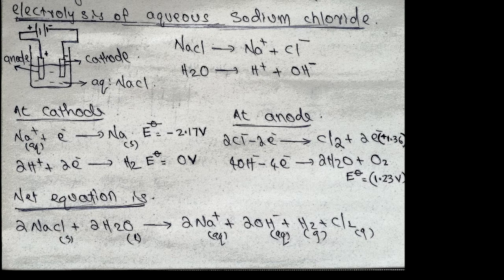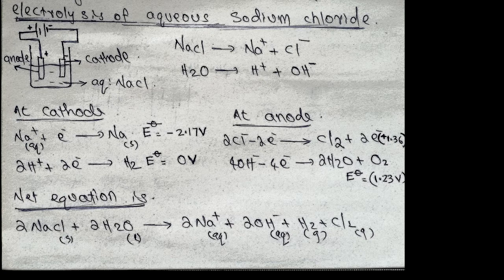Water after ionization forms H+ and OH- ions. So there are two cations and two anions. Na+ and H+ are cations. So there are two possible reduction reactions at the cathode: Na+ changes to Na, and H+ changes to H2.